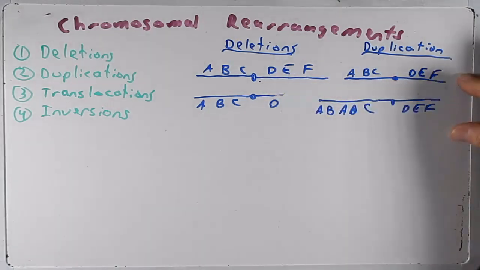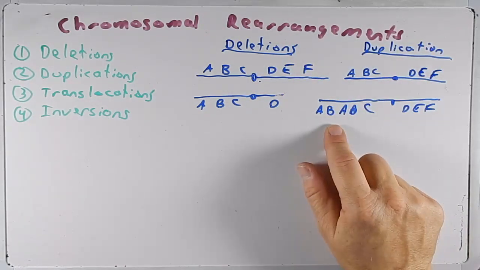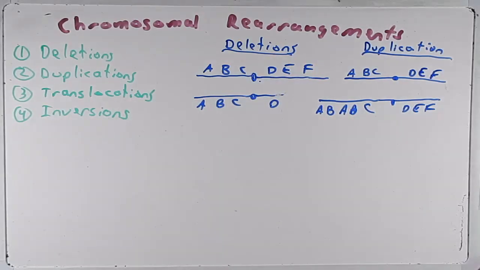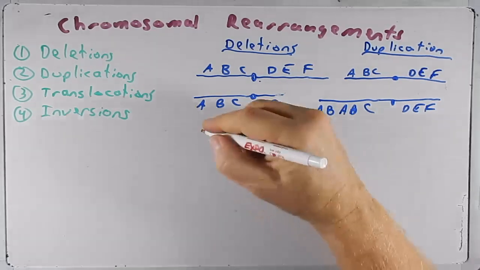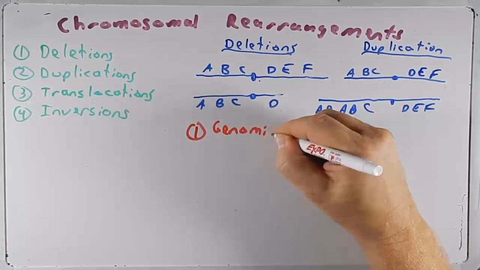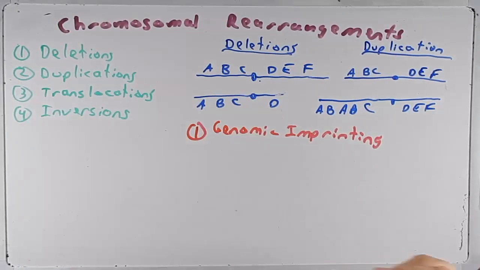So on the surface, just like when we talked about aneuploids, we might not think there's a problem with this because we're only increasing the number of genes by 1 or decreasing it by 1. And so we might not think that's a problem. But if you remember from our aneuploid discussion, sometimes it can be a problem. We have the genomic imprinting phenomenon, and I won't go into great details about this again. You can go back and watch that.